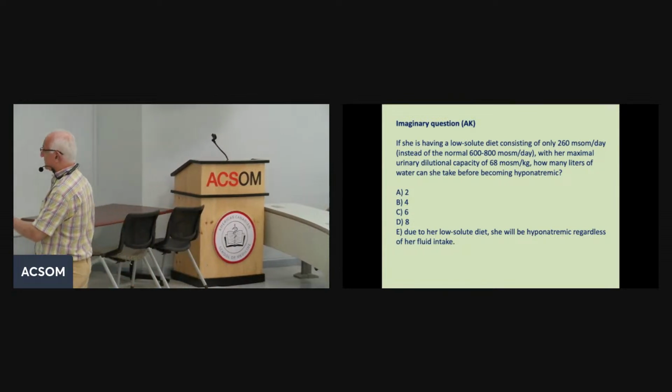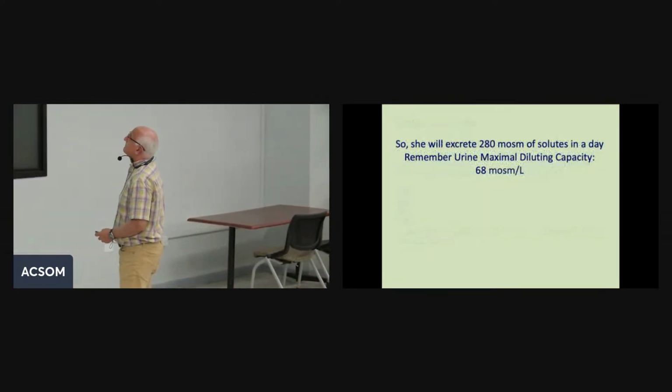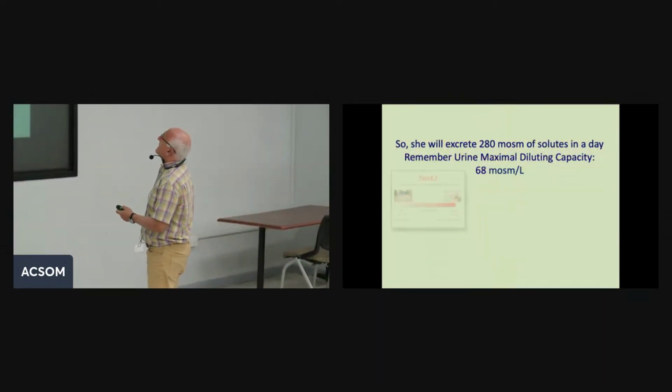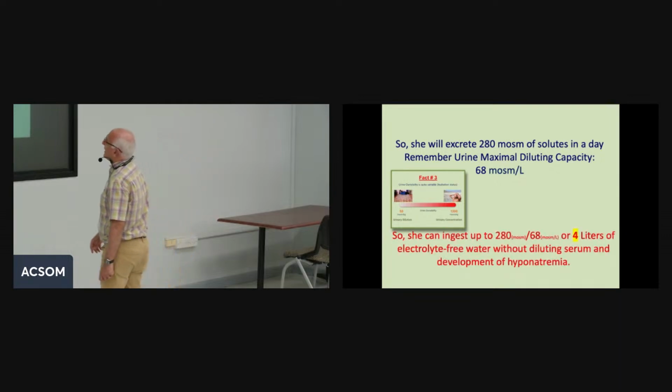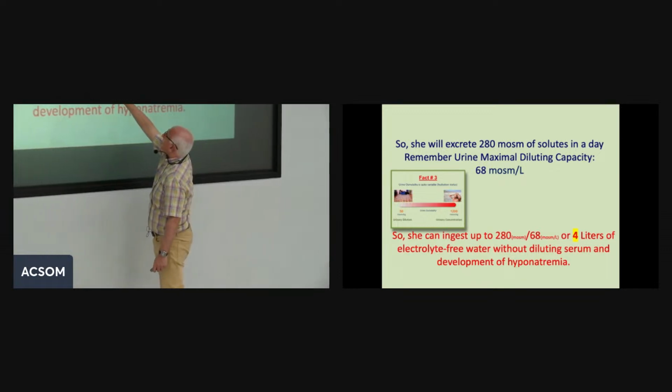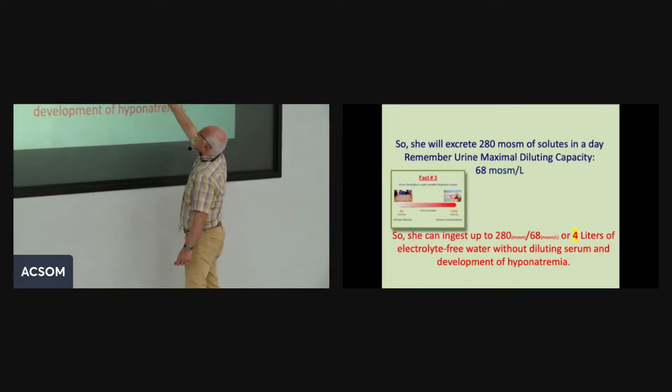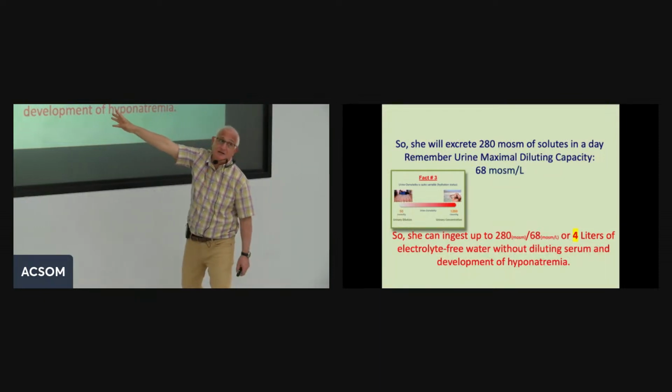So again, 260 or 280 divided by 68, right? She has 280 milliosmoles to excrete, and she can go to 68 milliosmoles per liter as the maximal diluting capacity. I gave her 68 instead of 50 because she's a little bit older, right?